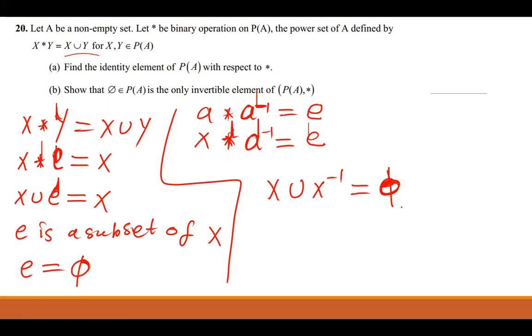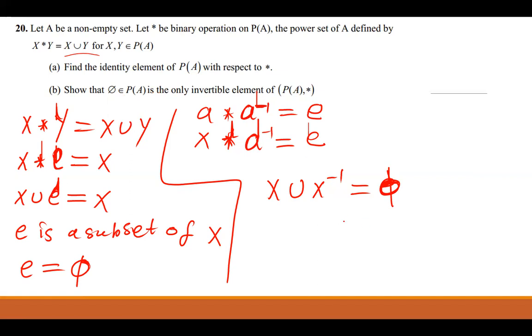So how do I conclude this expression now? They are saying I should show that phi is a member of the power set of A. I mean, I should show that phi is a member of that and is the only invertible element.